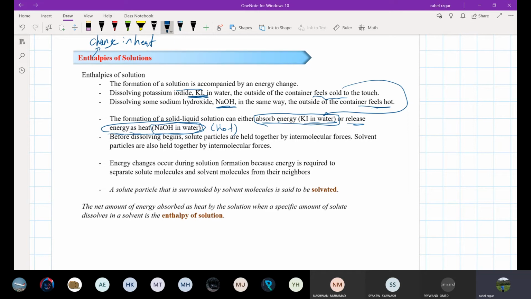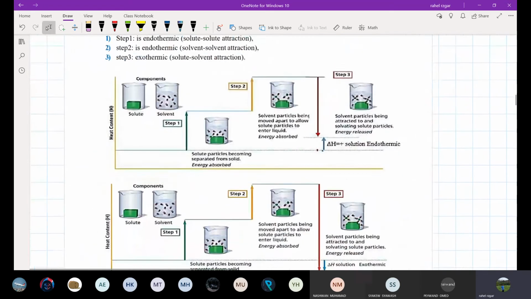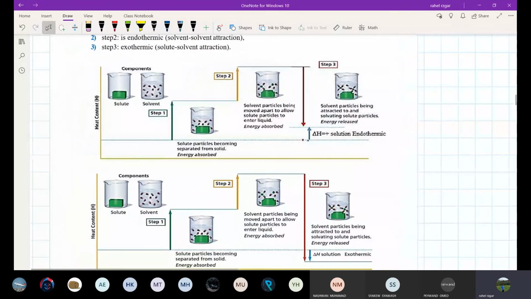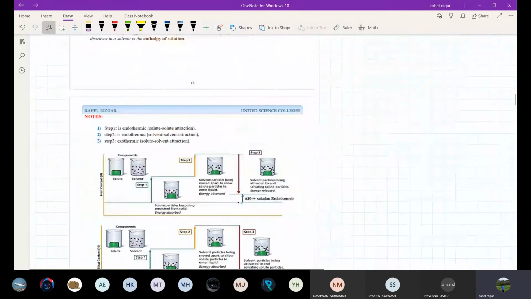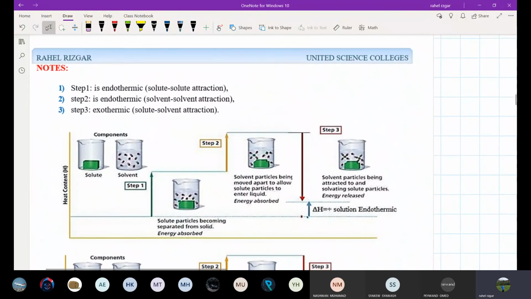These changes occur during the solution formation because energy is required to separate solid molecules and solvent molecules from their neighbors. I'm going to explain those points on these figures. Let's look at the first figure.